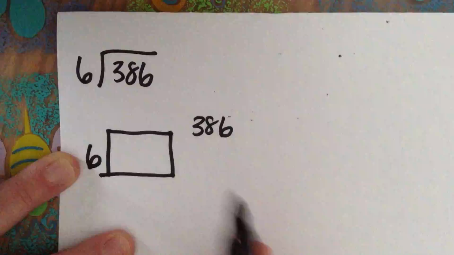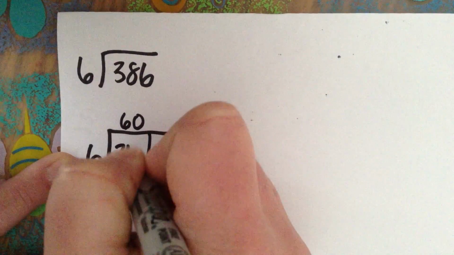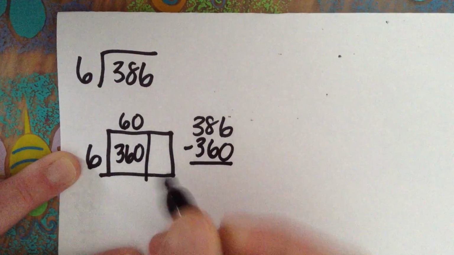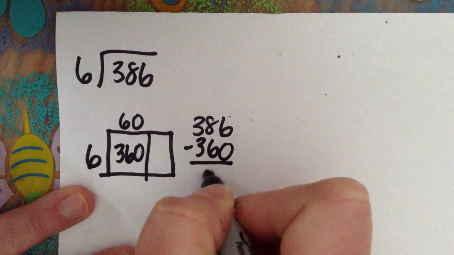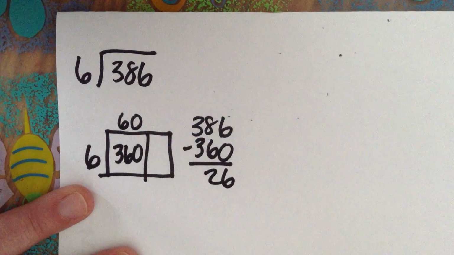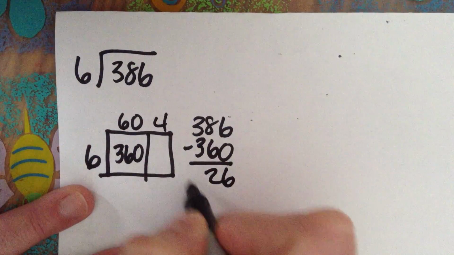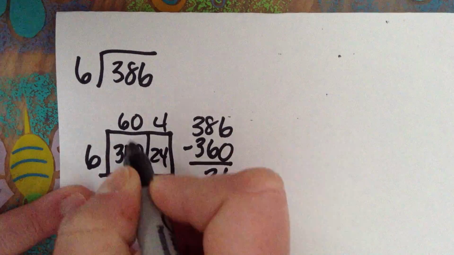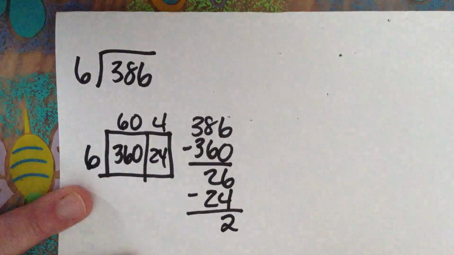So you can say, I know that 6 times 60 is 360. So altogether I have 360 in my area model right now, and I have 26 remaining. So I can say to myself, well, 6 times 4 is 24, and now I have 384 in my total area with 2 remaining of that 386.